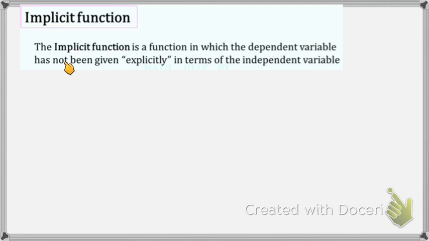If the dependent variable is not written explicitly in terms of the independent variable which is x, it's called implicit. So y is equal to sin x, when I say y, the dependent variable, is explicitly written in terms of x. But if it is not done that way, then it's called implicit.